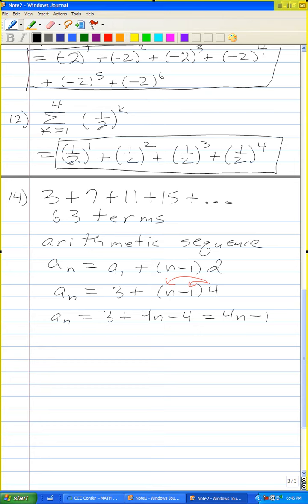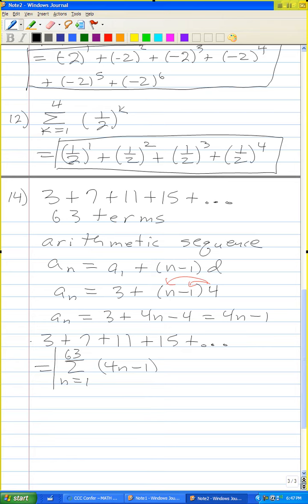So I can say that this series above, 3 plus 7 plus 11 plus 15 plus, is just equal to the sum of a sub n, where a sub n is 4n minus 1, counting from n equals 1, and there are 63 terms, so I'll do this for 63 of these.